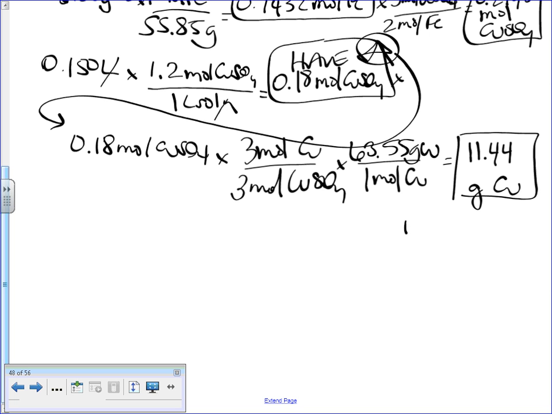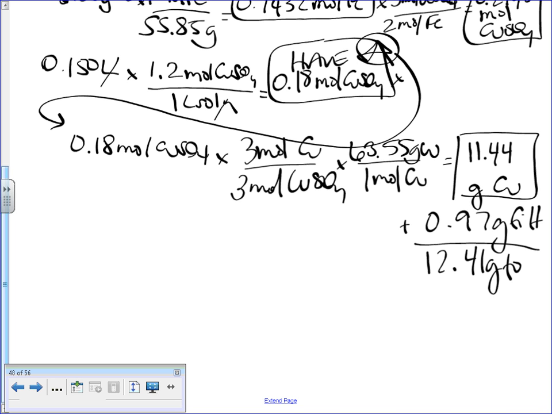How much did the filter paper weigh? 0.97 grams for the filter paper. So that gives us 12.41 grams total. So that might be your initial instinct for your first part of your answer. And I can't remember if on the answer key I put just this or plus the iron.